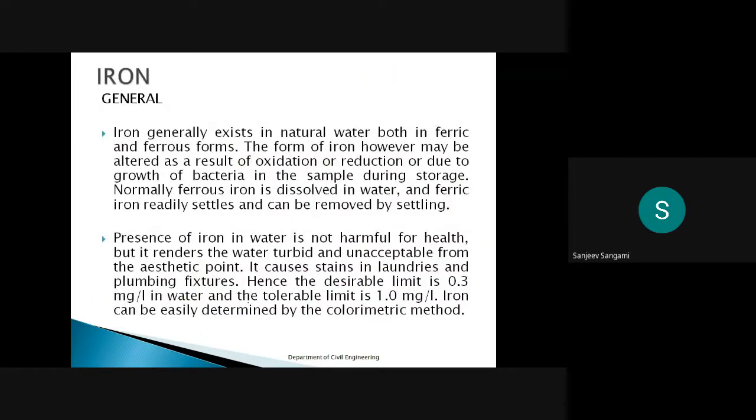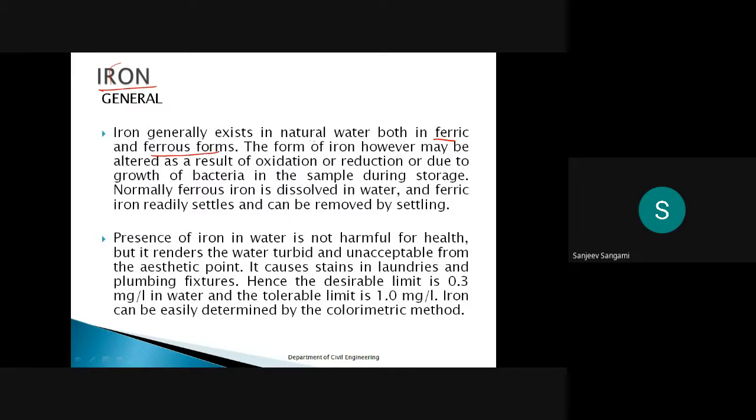Next, iron is also a very important component in our laboratory process. Iron generally exists in natural water in both ferric as well as ferrous forms.